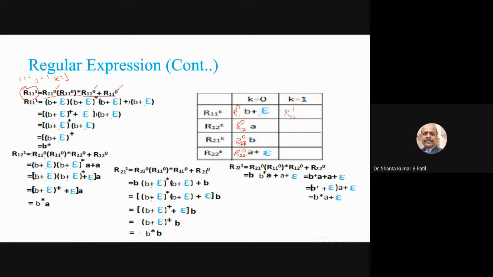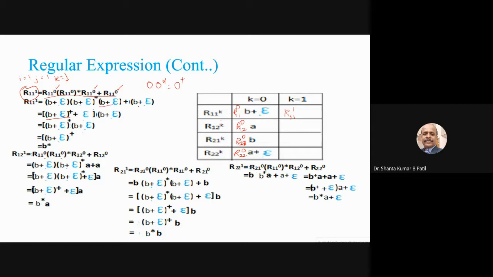For example, you can take 0 into 0 star, which is equal to 0 plus. Same thing, in place of the 0 we have b plus epsilon, so b plus epsilon into b plus epsilon star you can simplify into b plus epsilon plus. Then you can take the common of this b plus epsilon, which is here also.